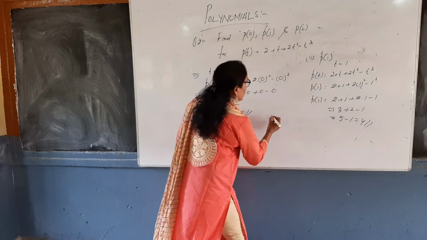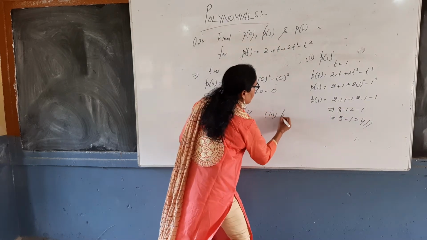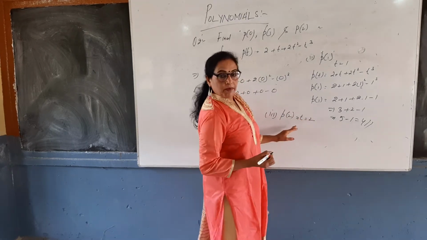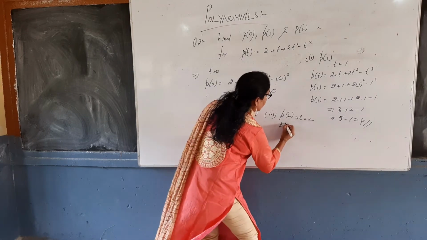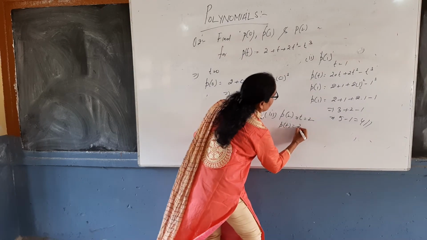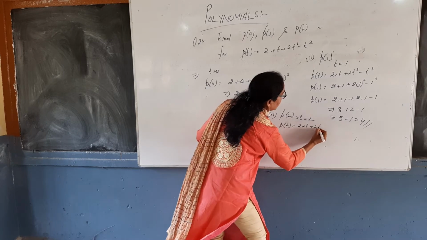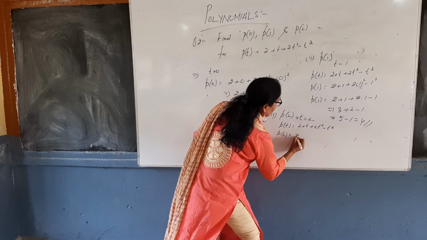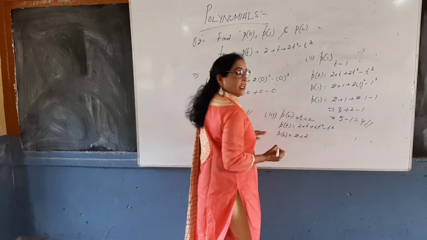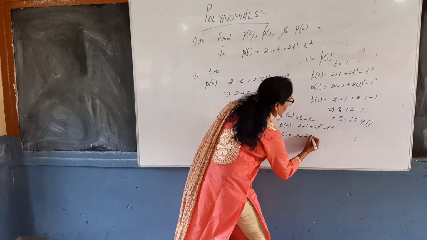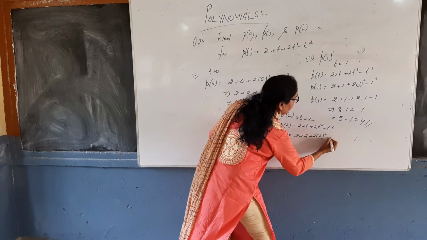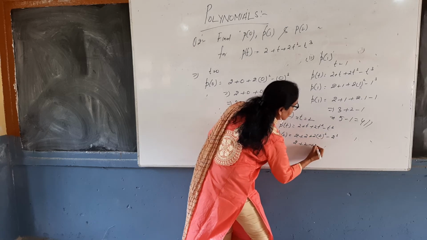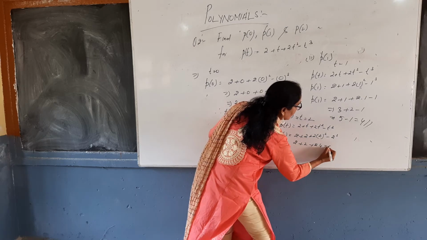Third is P2. P2 means t equal to 2. So Pt is 2 plus t plus 2t square minus t cube. So P2 is equal to 2 plus 2 into 2 square minus 2 cube, replacing t by 2. That is 2 plus 2 plus 2 square is 4 minus 2 cube is 8.